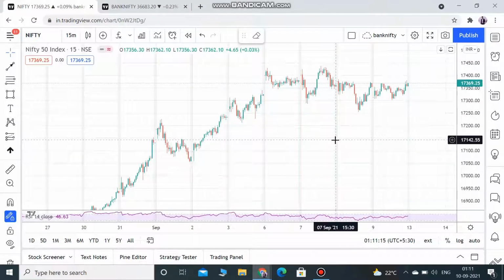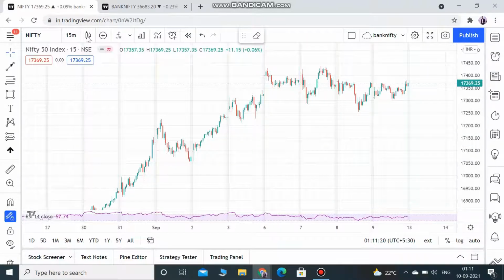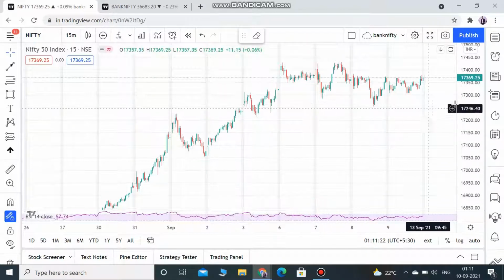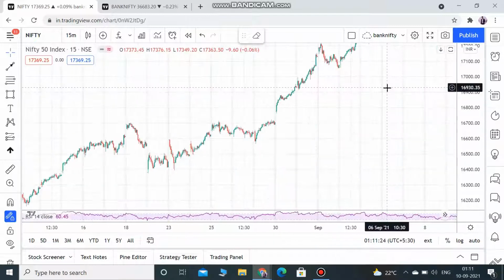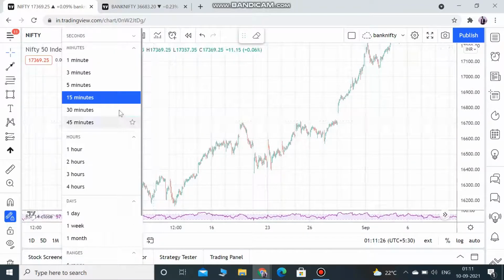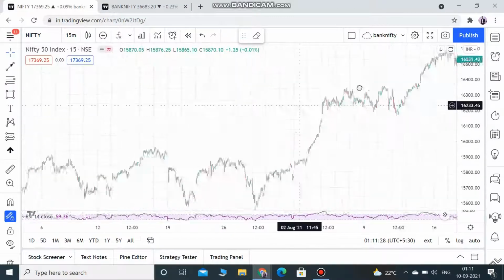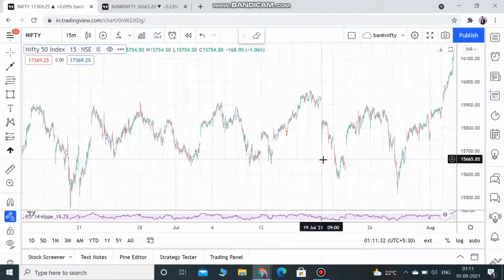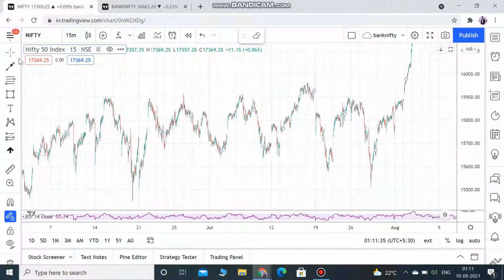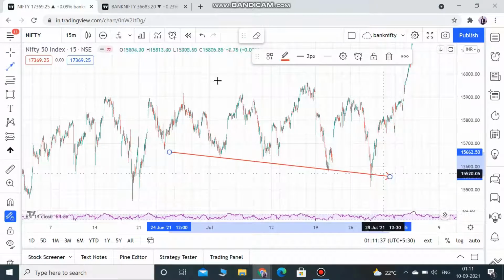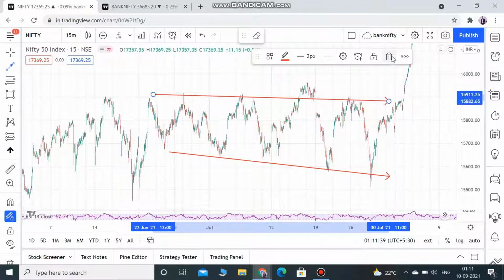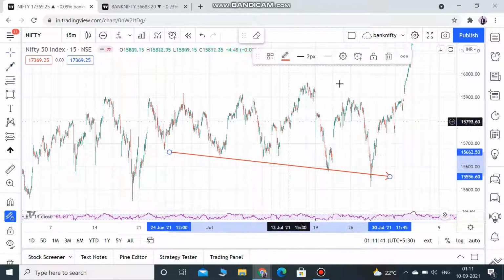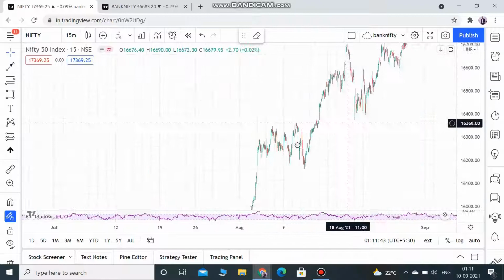So how do you deal with this? That is what I wanted to teach, on how to trade on trend. So let us take 15 minutes for now, and let me first teach you how this range market works, and then you can easily spot this on the trendy market like this.